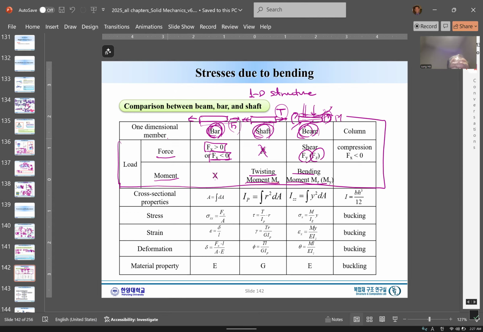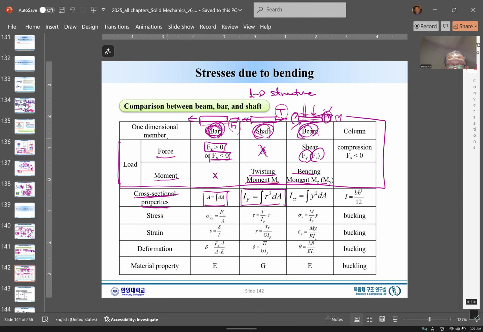Now, very importantly, let's take a look at the cross-sectional property for each case. For the bar, the cross-sectional property is simply the integration of dA. For the shaft, the polar moment of inertia is the integral of R squared dA.